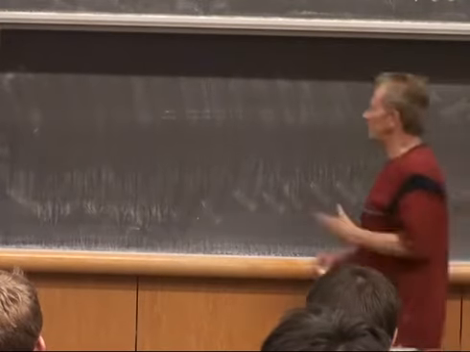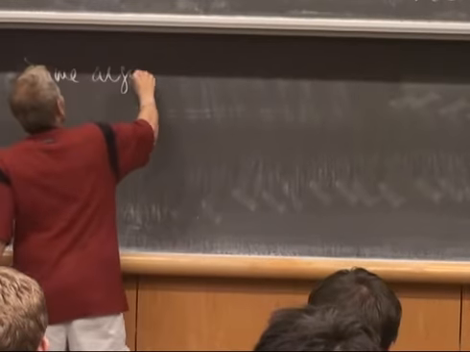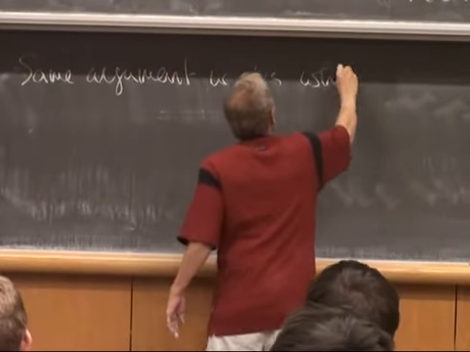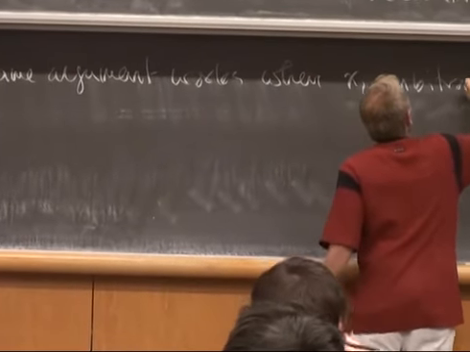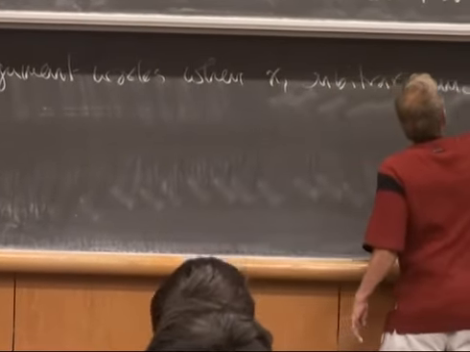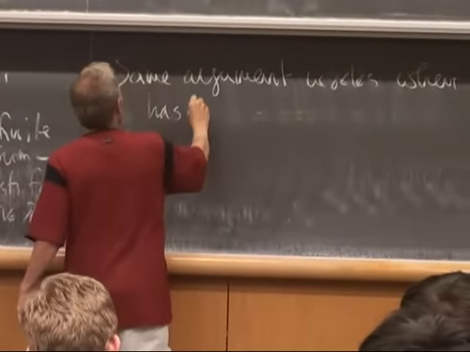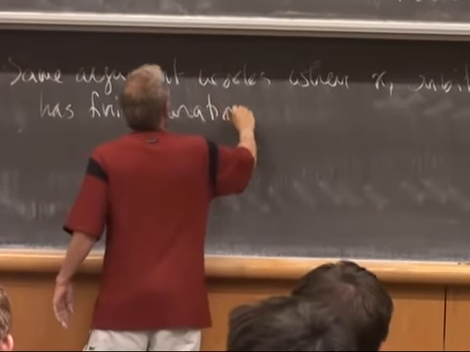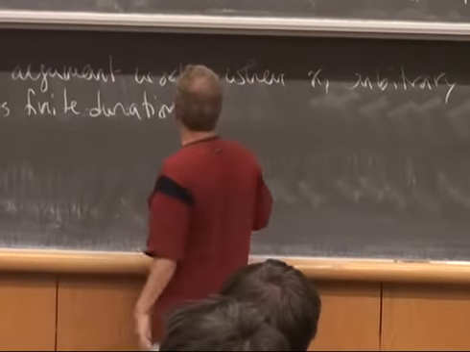So, the same argument works when x1 is arbitrary and x2 has finite duration. And proving that the convolution also has finite duration when both do.